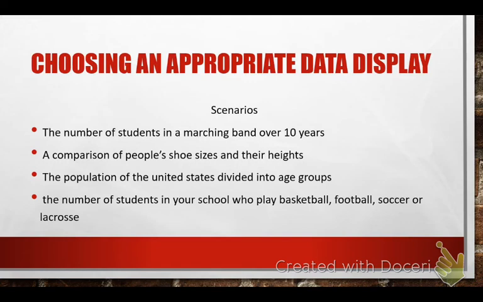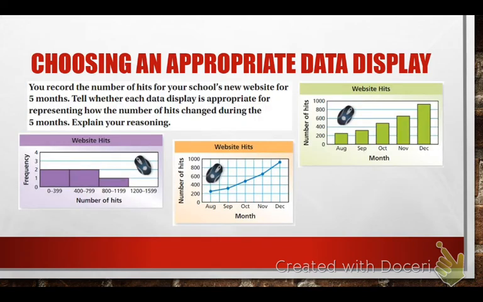Okay, so the last slide here would be to tell whether the data display is appropriate, or basically if it represents the information. You record the number of hits for your school's new website for 5 months. So are these data displays accurate for showing that data?